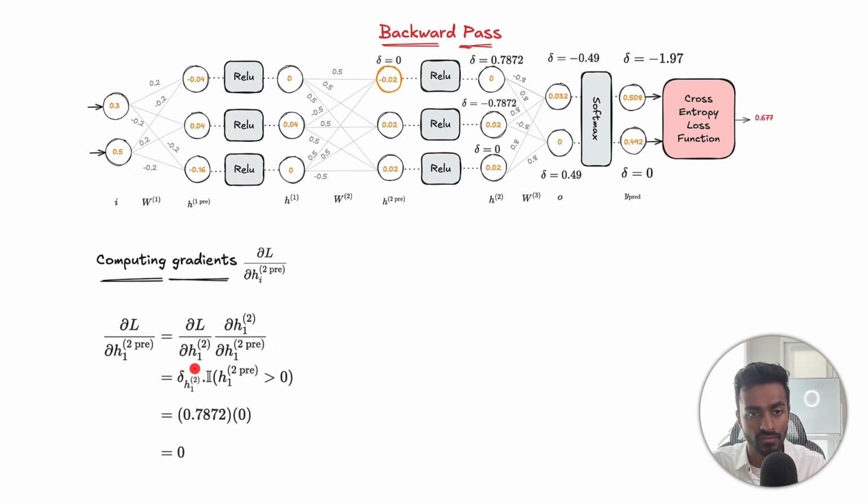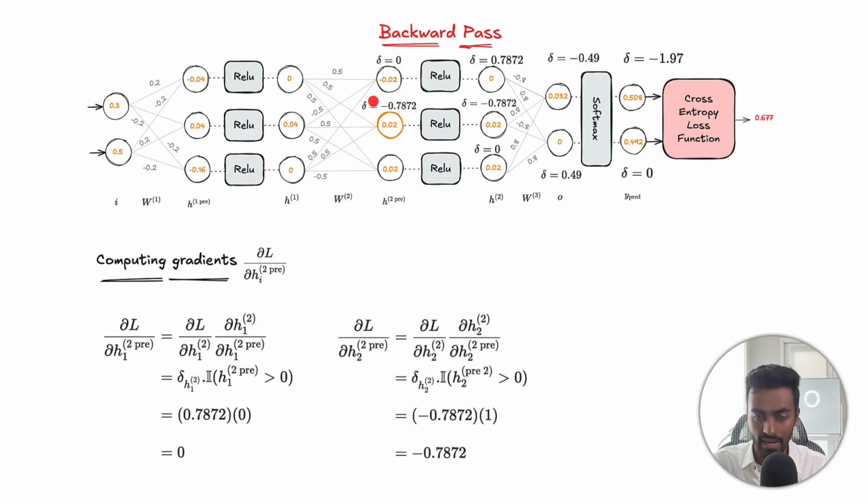So we already know this first value, which is this gradient that we computed previously, which is right over here. And the second value is just going to be 0, right? Because we know that this value is negative 0.02. It's less than 0, and hence 0 is the output here too. So changing this neuron does not affect the loss, and we reflect that in the gradient value right over here.